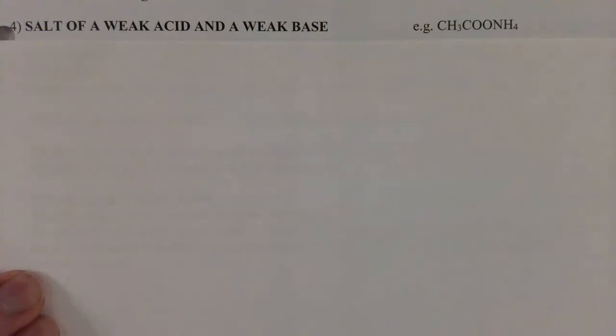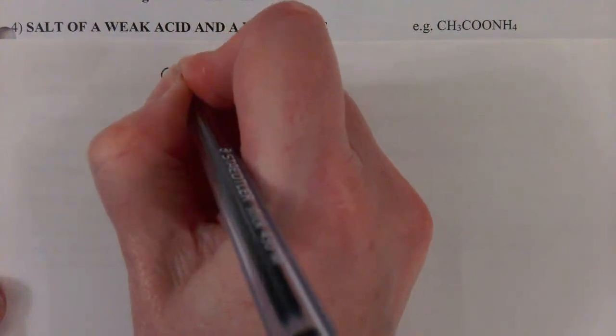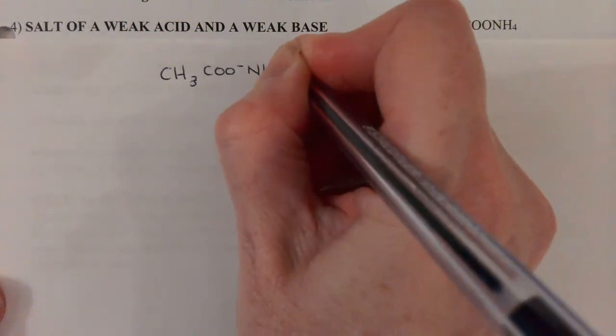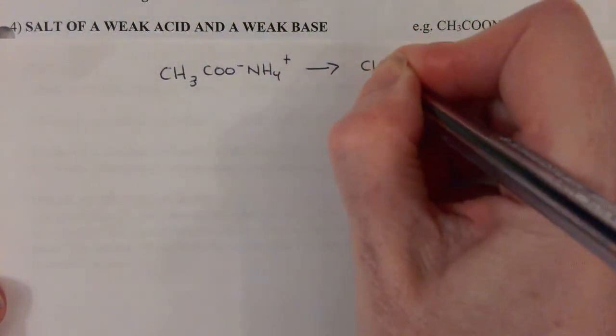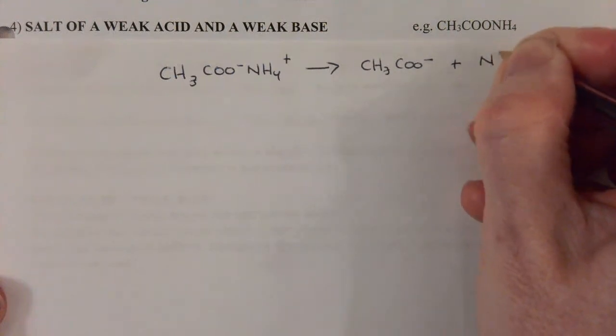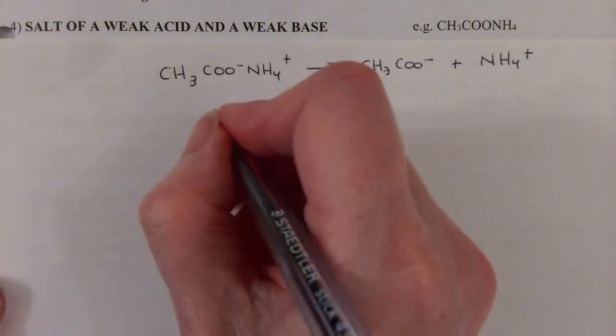The last one is difficult to quantify because it's a weak acid and a weak base. Again, it will completely ionize in water. So we have my CH3COO negative, NH4 positive, and it'll give me both the CH3COO negative ion and the NH4 positive ion. Now both of these will react with the water.